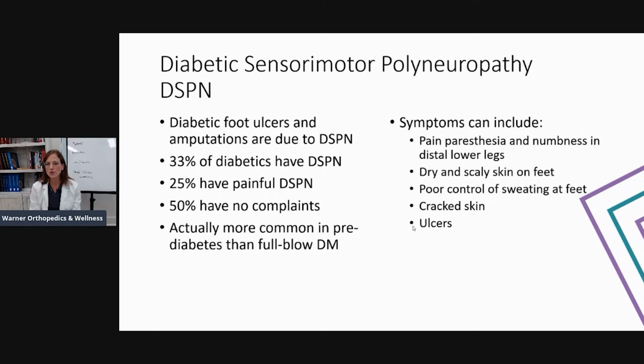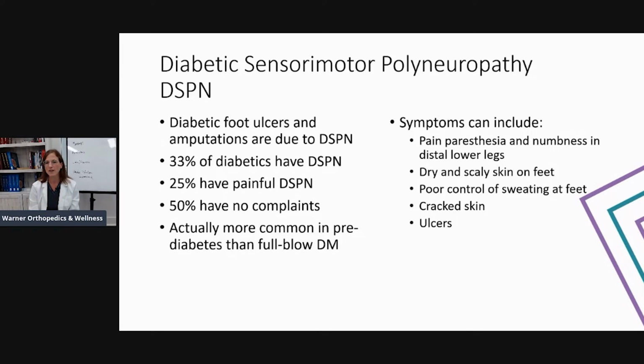So why do the feet go bad? Well, one of the primary reasons is diabetic sensory motor polyneuropathy. So instead of me saying that all the time, I'm going to say DSPN, or I'll just say neuropathy. Diabetic foot ulcers and then diabetic amputations usually are a direct result of diabetic sensory motor polyneuropathy, okay? 33%, a third of diabetics have neuropathy. 25% will have a painful neuropathy, but 50% have no complaints.